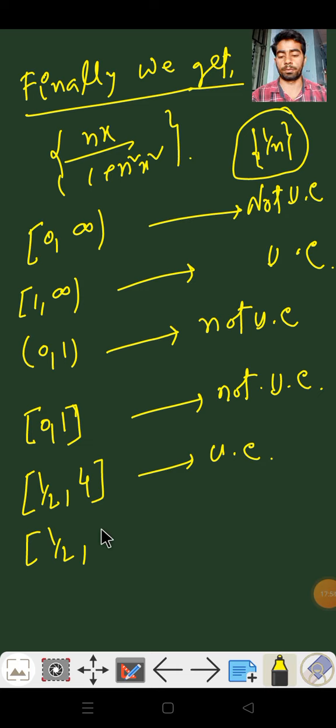Half to infinity it will be UC. I think that is clear.